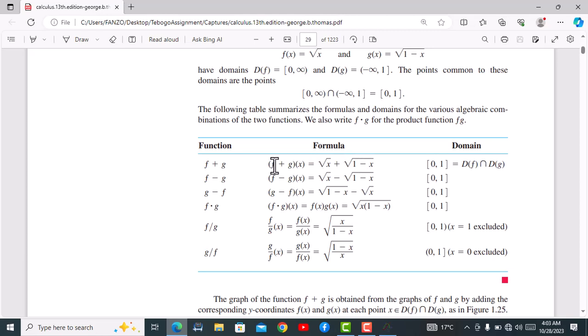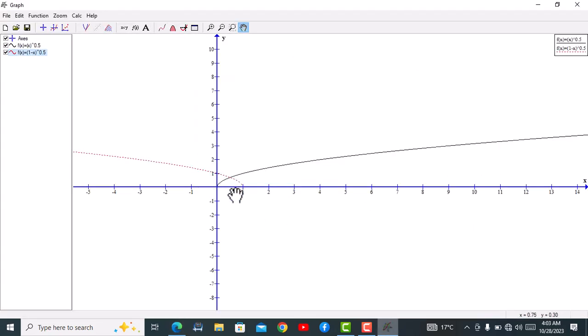Because remember, they say to us f plus g, when you are adding these functions, this would become the domain. So the domain of f intersecting with the domain of g. Let's check the values of x that intersect the values of x of that function.